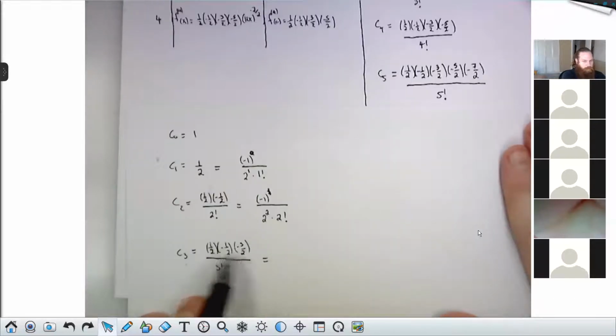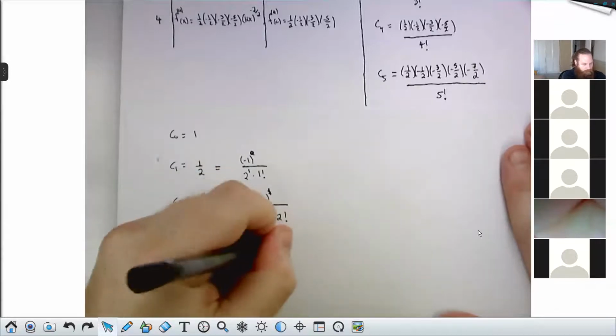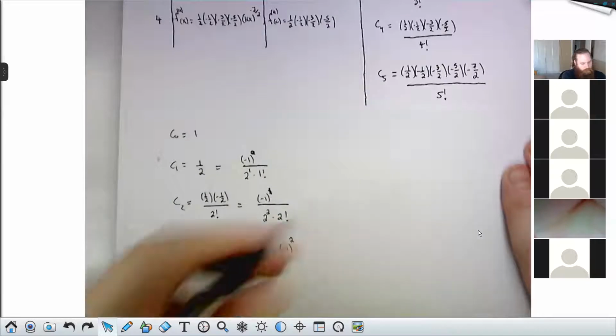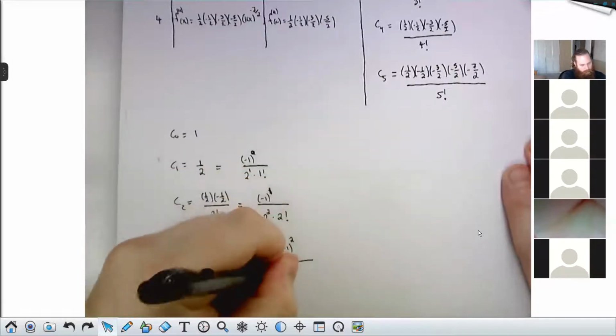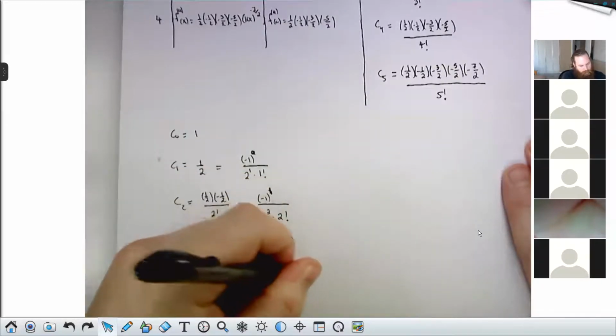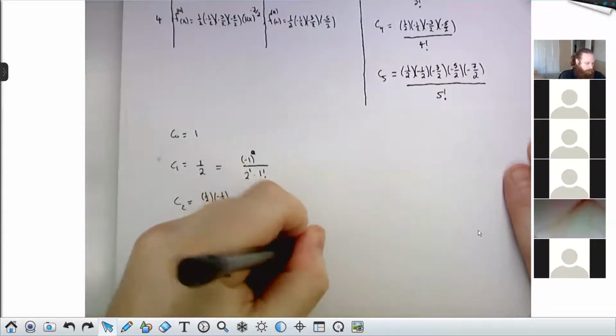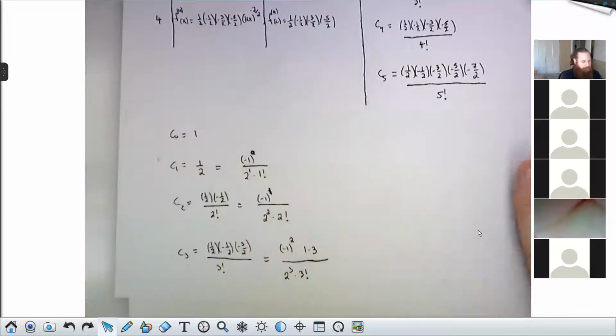One from each of these. So that's negative 1 squared. Downstairs, I've got 2 to the 3 times 3 factorial. And then upstairs, I have this product, 1 times 3, right? 1 times 1 times 3, but just 1 times 3 is fine.